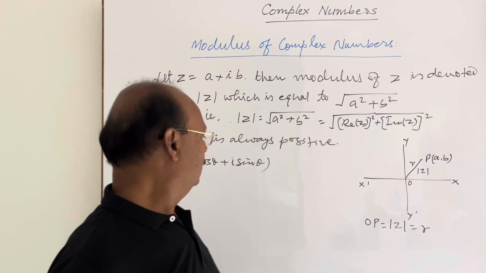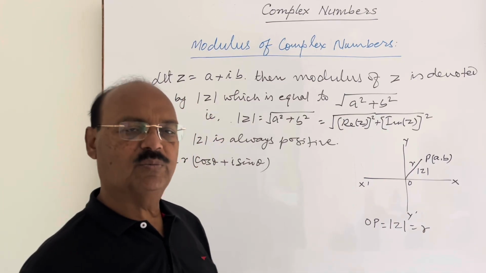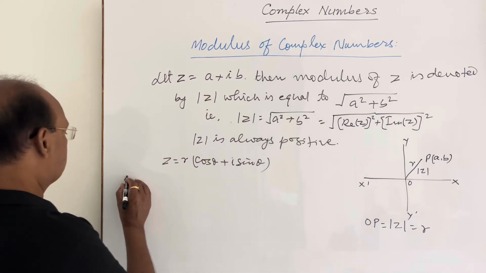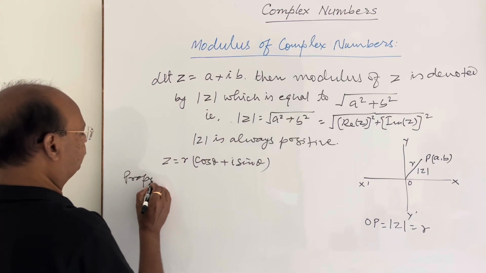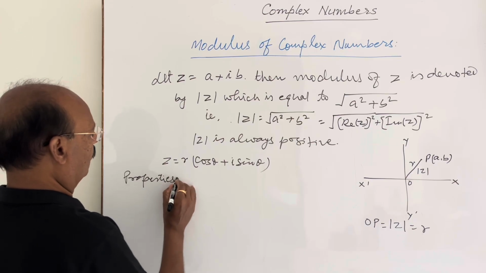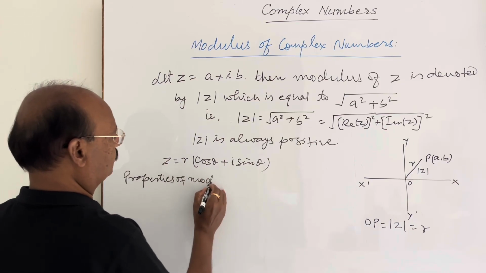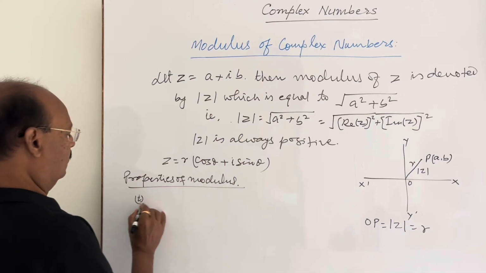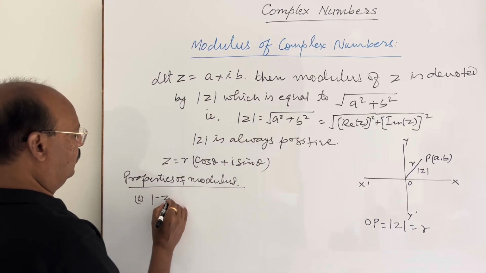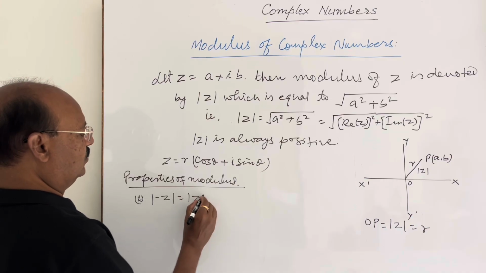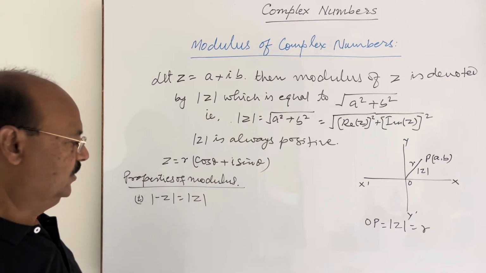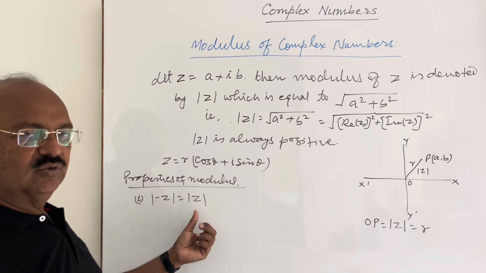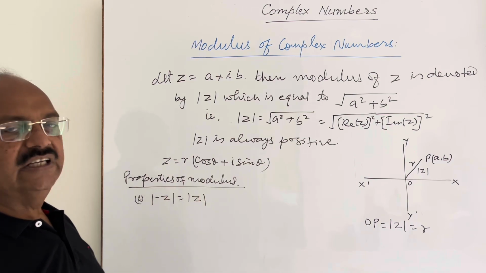Correct? Now we are going to discuss some very basic properties of modulus of a complex number. First, mod of minus Z is equal to mod of Z. Modulus of minus Z and Z both are equal. We can understand geometrically also.